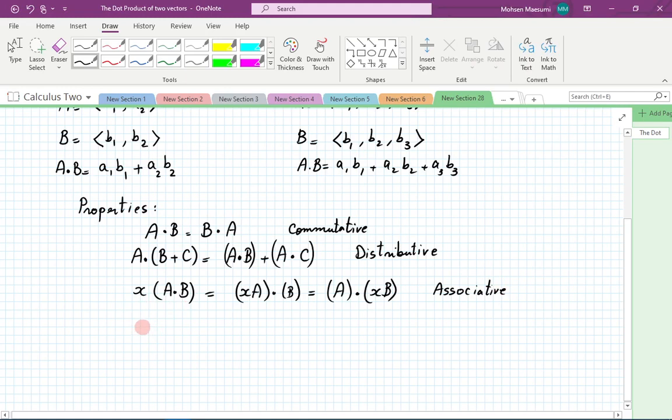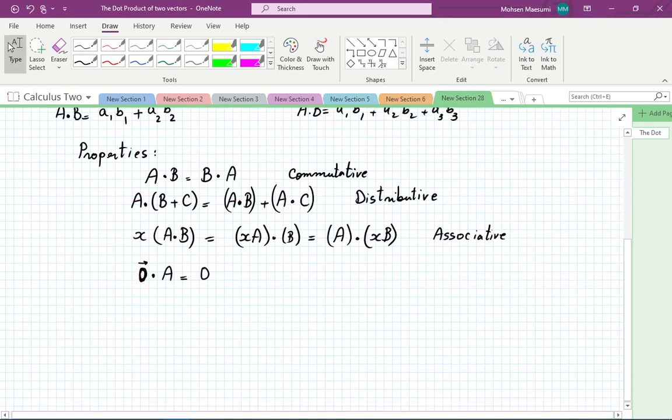Of course, it's easy to see that if you have a 0 vector in 2 dimensions and you dot it with a vector, you are going to get 0. Remember, this is the vector 0, this is just the ordinary 0. Or in your textbook, you are going to see the bolded 0, and the other one is the ordinary way. The other important thing to notice is that if you dot a vector by itself, what are you going to get?